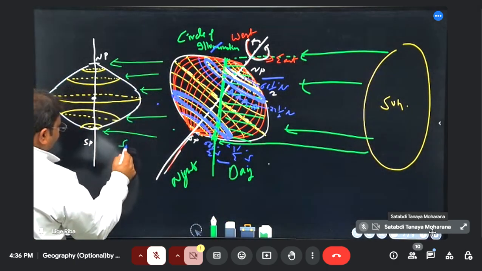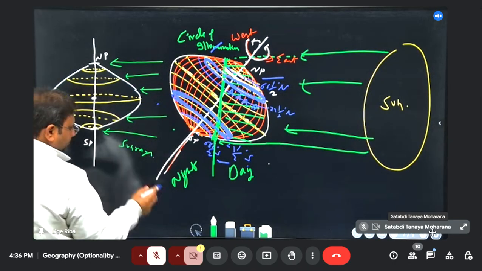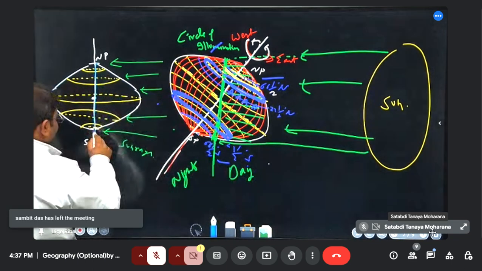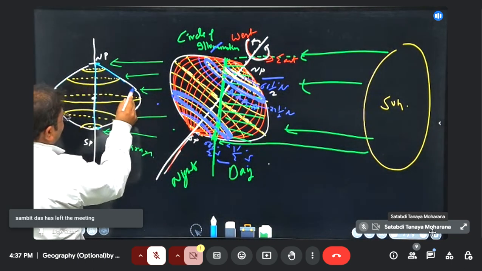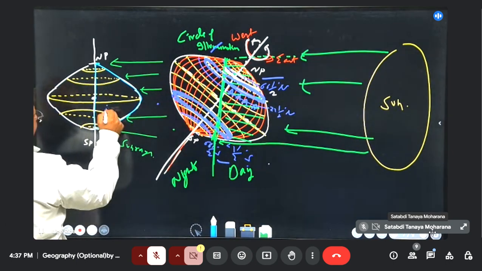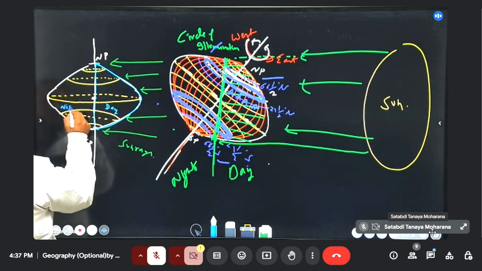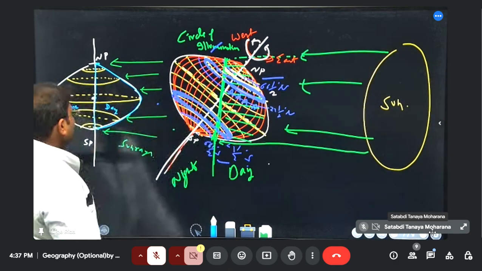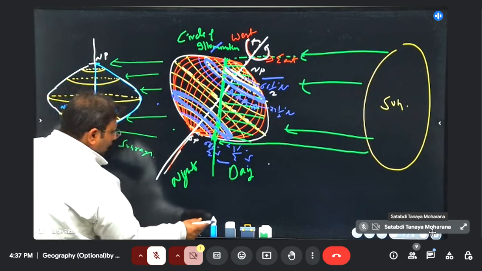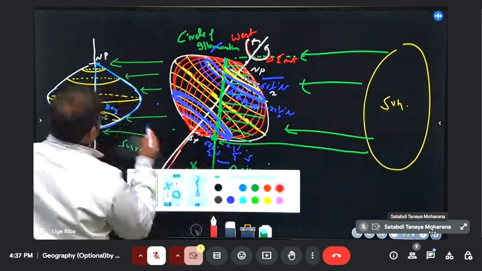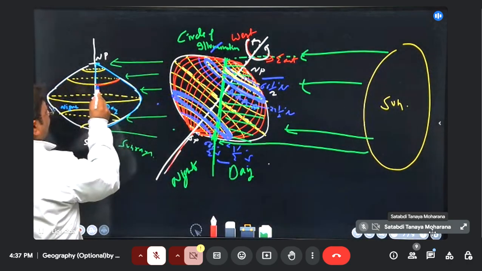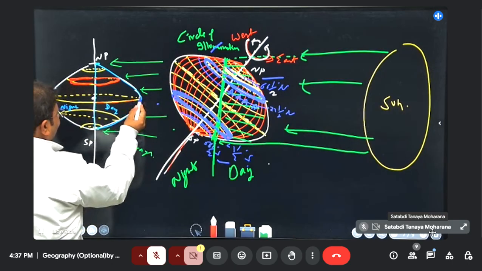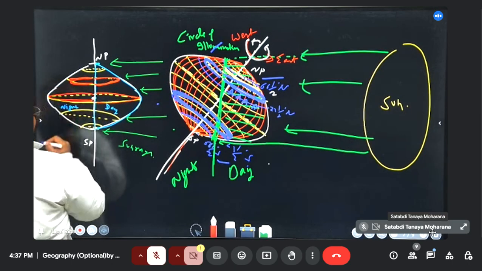Now, in this situation, if sun rays come from this side, we can perfectly imagine that this half part of the earth is in day, and this half part of the earth is in night. Still it is a great circle, still dividing the earth into two equal parts. Consider any latitude, like the Tropic of Cancer. Half part of it is in day, half part is in night.